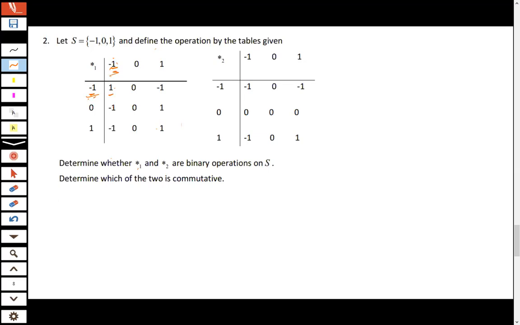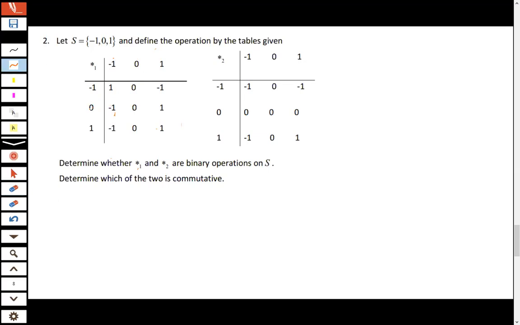That one qualifies. Let us now look at 0 star -1. The answer is -1. Then we compare it with -1 star 0, which implies that star 1 is not commutative.